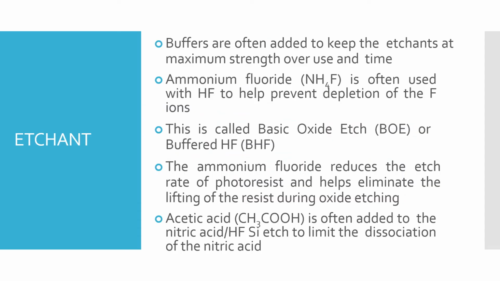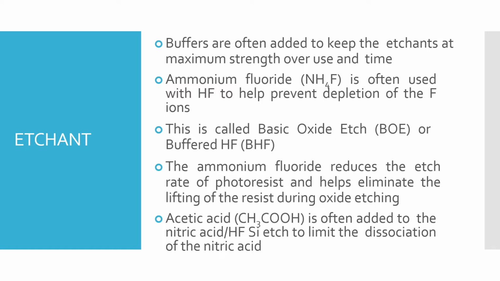Apart from that, a buffer is usually added to keep the etchant at maximum strength over use and time. For example, ammonium fluoride is often used with the HF to prevent depletion of the F ion in the HF. This is called buffered oxide etch, BOE, or buffered HF.